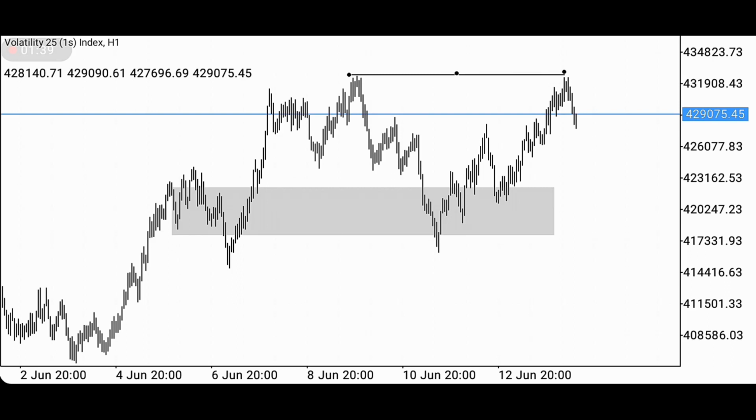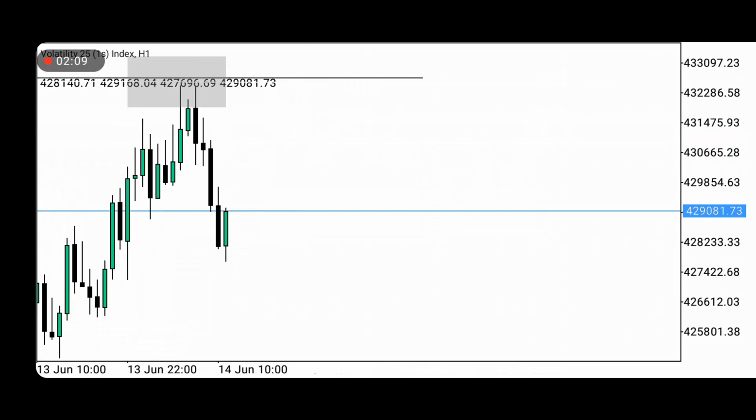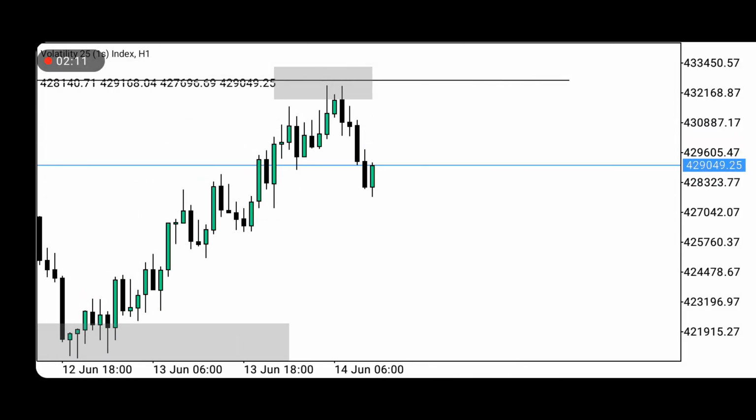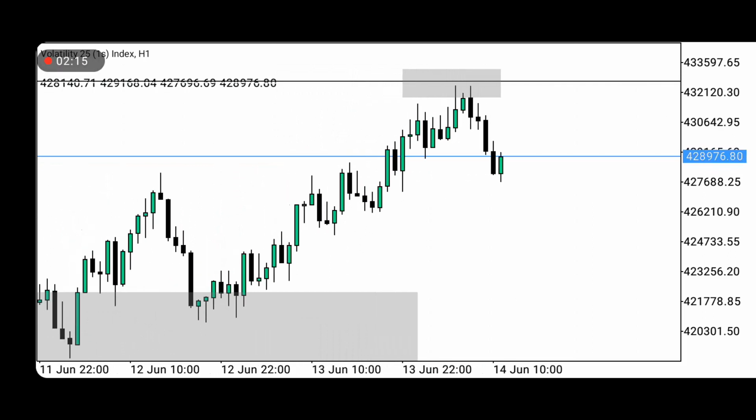We're expecting price to possibly trade into those areas of liquidity, though it is a high resistance liquidity area. Now the market has created an equal high over here, and we expect price to take out those equal highs, because it is tricking traders into placing more sales in this area.